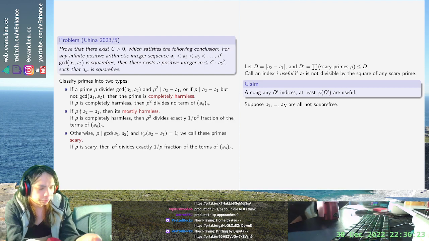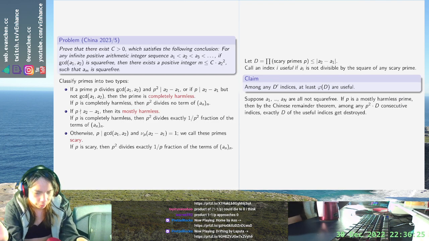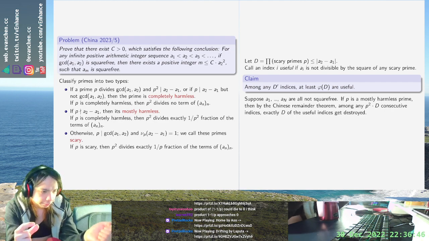You have some mostly harmless primes that every so often will hit. Suppose your d is the product of all the primes less than 100, then every 101 squared terms you get really unlucky and someone's divisible by 101. And this is a formalization that among any p squared times d consecutive indices, exactly d of them get destroyed.